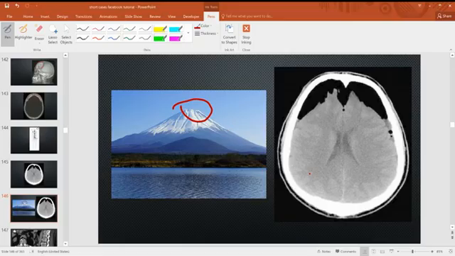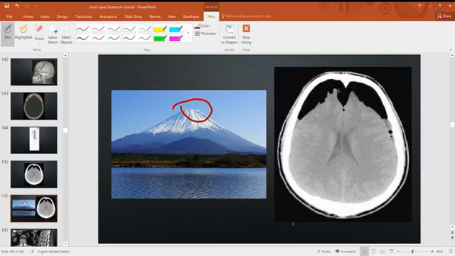So this is tension pneumocephalus. Pneumocephalus alone is not the correct answer, and it needs surgical decompression. It is a surgical emergency.